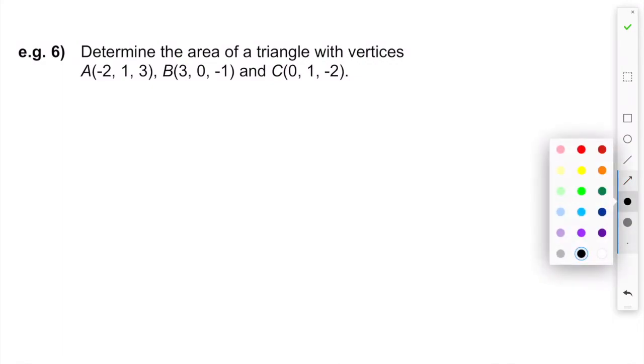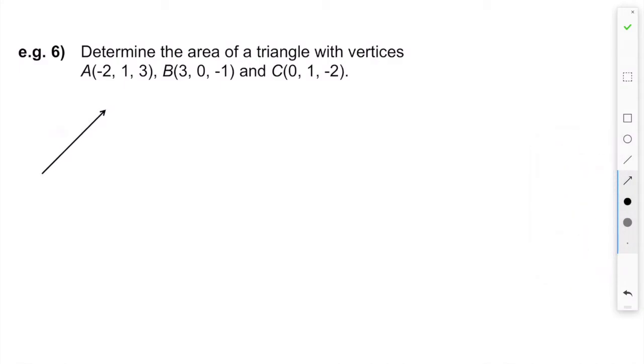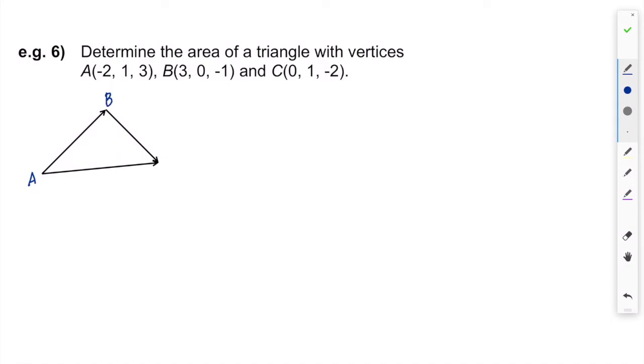I have A to B, B to C, and maybe AC like that. Doesn't matter. So let me label A, B, C. What I need is the magnitude of two vectors with a tail-to-tail connection.